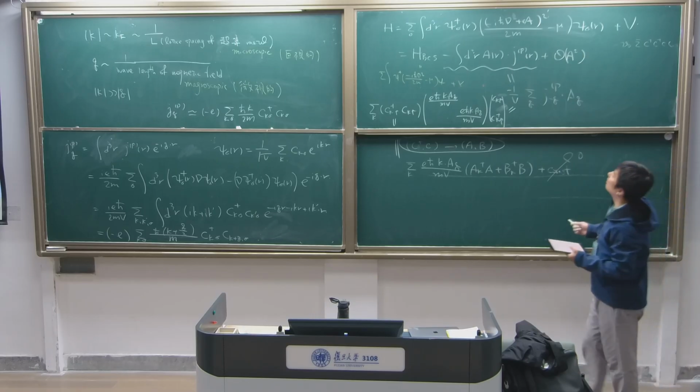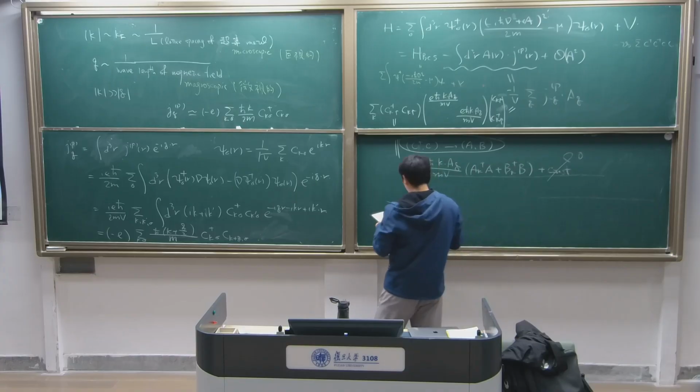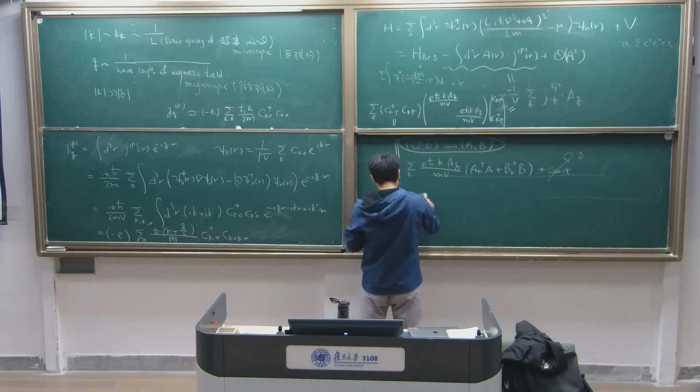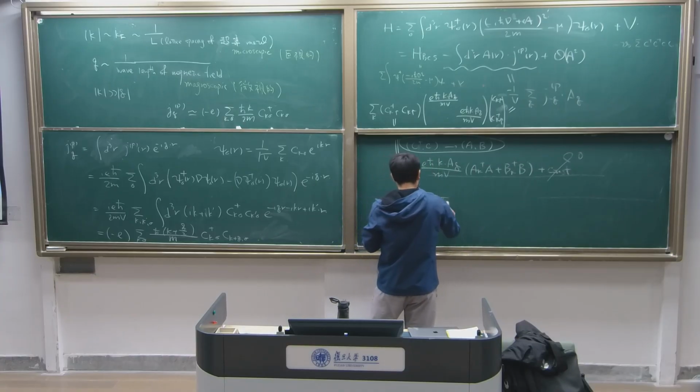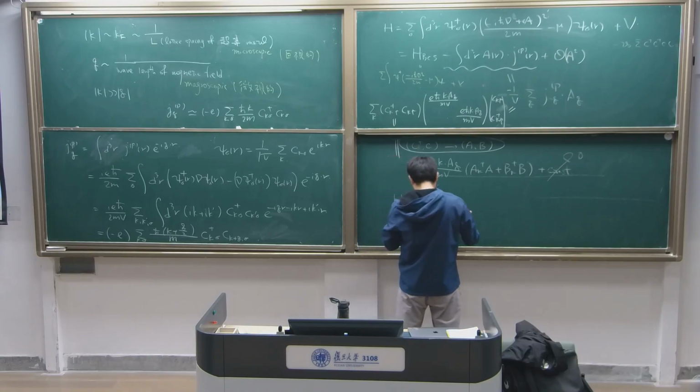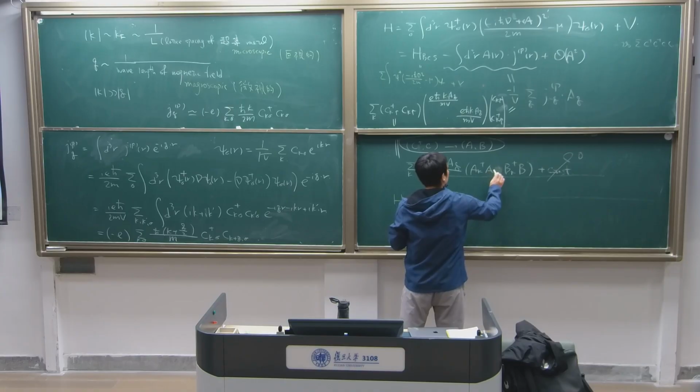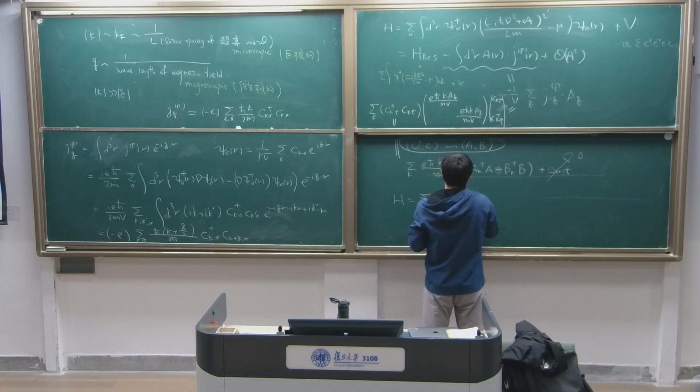So therefore, for the Hamiltonian, it's the sum over k, plus.